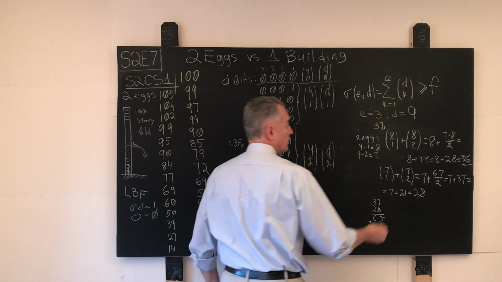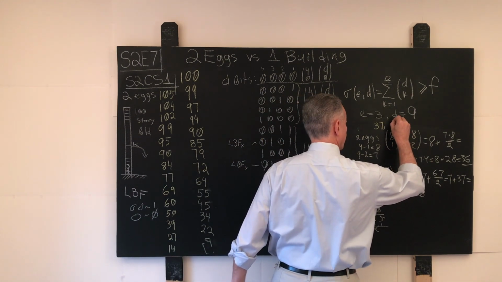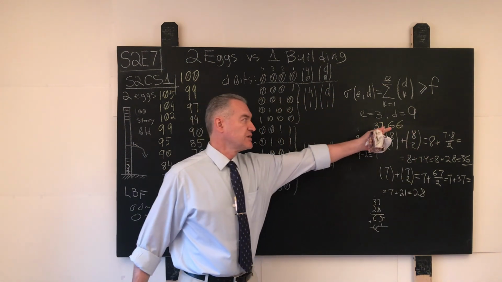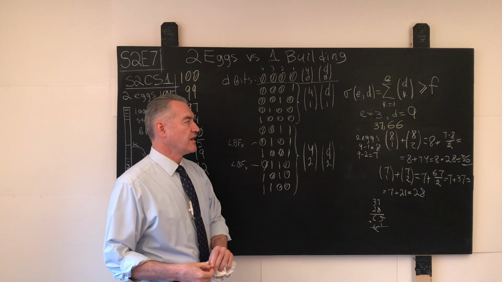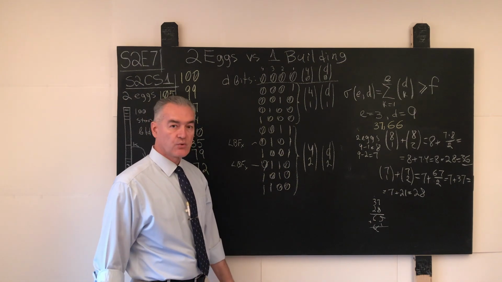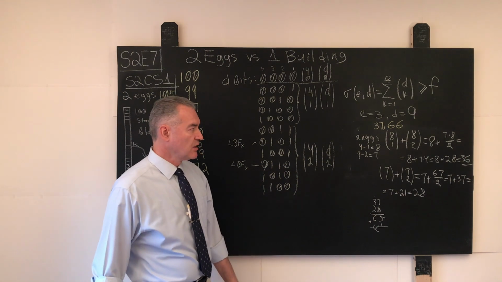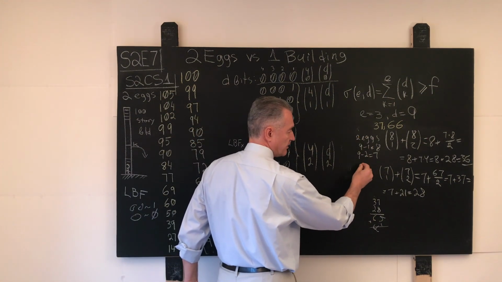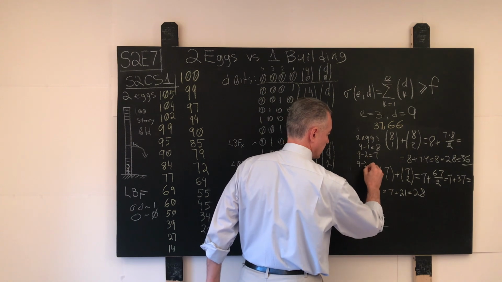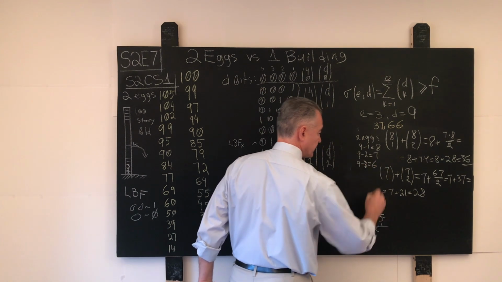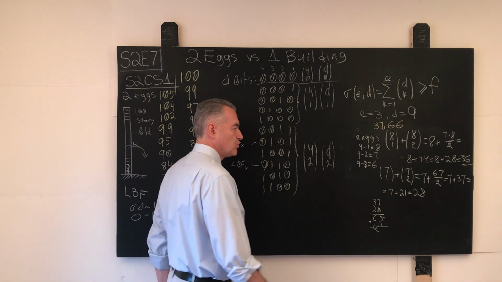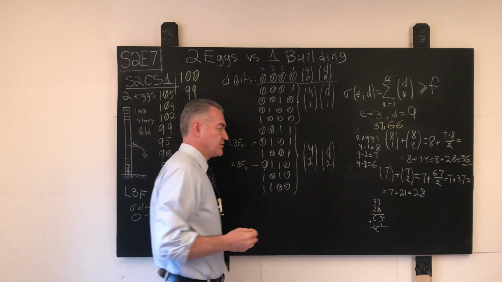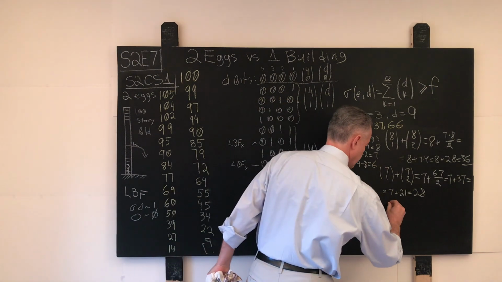So here we will drop the first egg for the second time from floor number 66. If the egg does not break there, we climb up to where? Well, we answer the question again by using 2 eggs, and this time 9 minus 3 equals 6 drops. So what is the tallest building that we can test with 2 eggs and 6 drops? Well, we know how to answer that question.